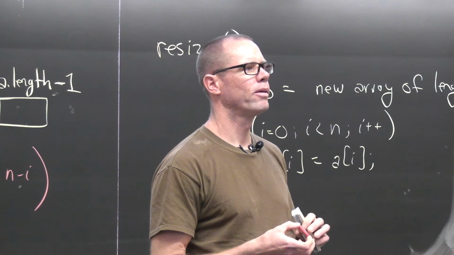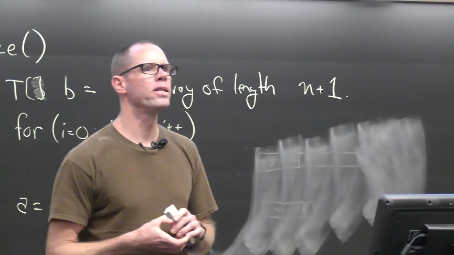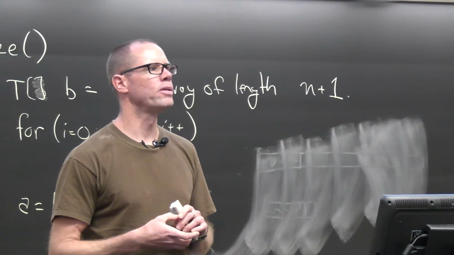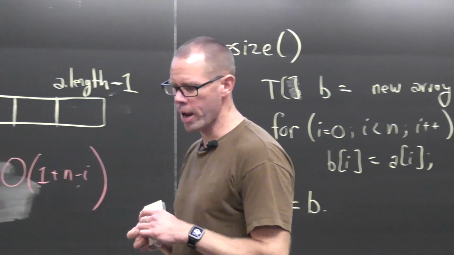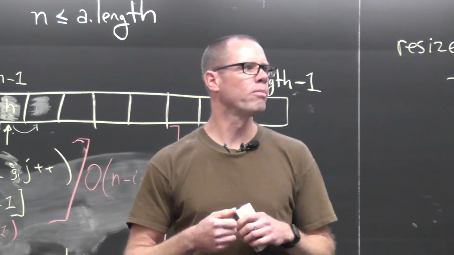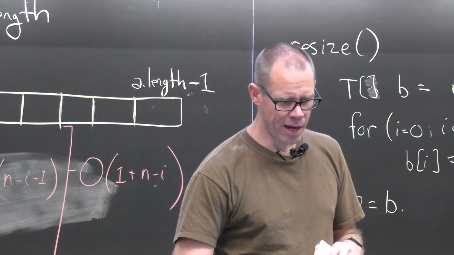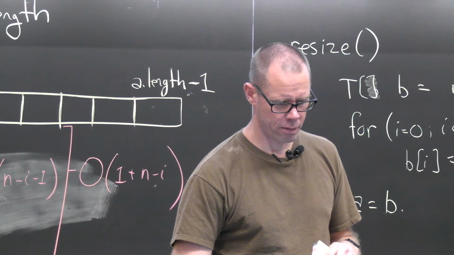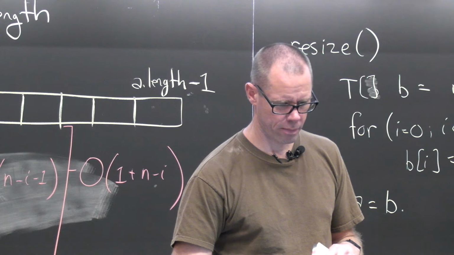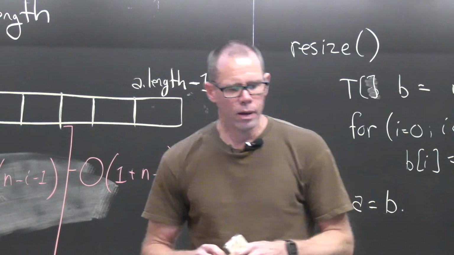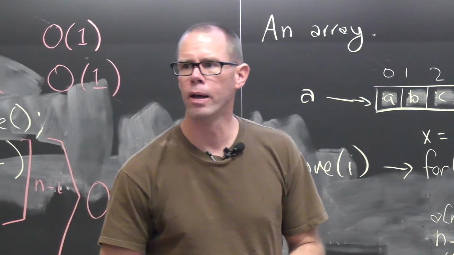So when it's empty, n is 0, and we say resize to 2 times n. Well, 2 times 0 is 0, and that's going to break, right? Because we try to insert into an empty array, call resize to make the array bigger, but it doesn't actually get bigger. So the little edge case there is when n is 0, we still need an array of size 1.